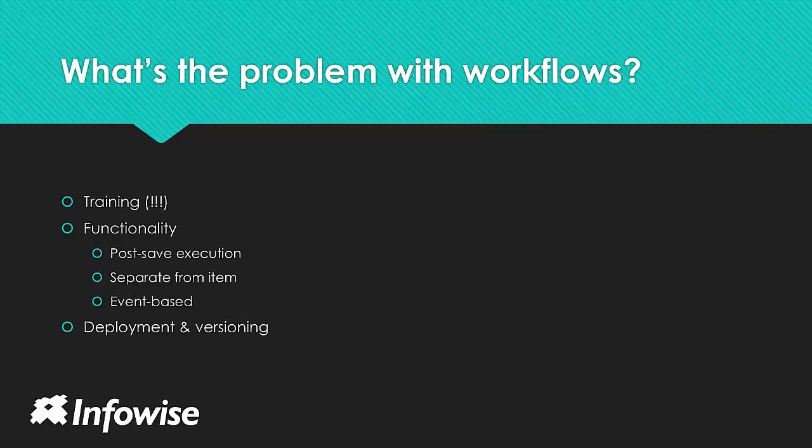The other thing is that workflows are separate from the item on which they execute. You can see the current status of the workflow by clicking on a special column, but it still requires you to take several steps to see what's going on, and it's not very user-friendly.